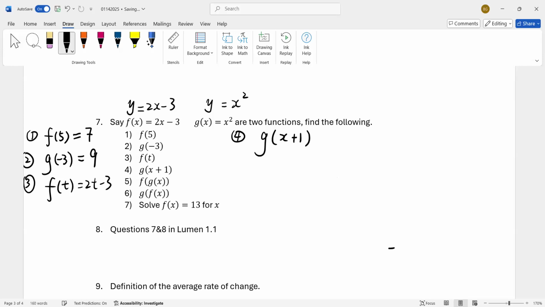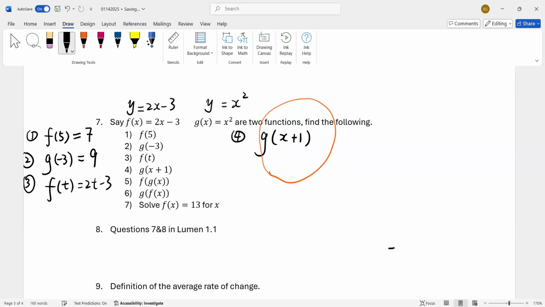Is the input x or 1 or something different? x plus 1 is the input. Exactly. The whole thing in the parentheses, that's the input. So this notation means the output of function g, of machine g, when the input is x plus 1, right?